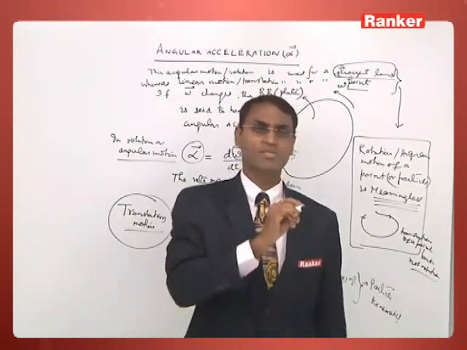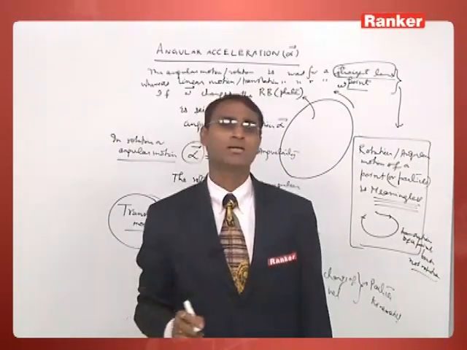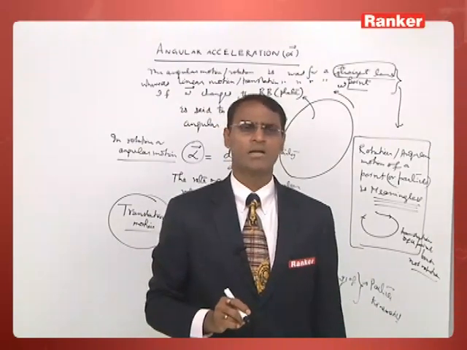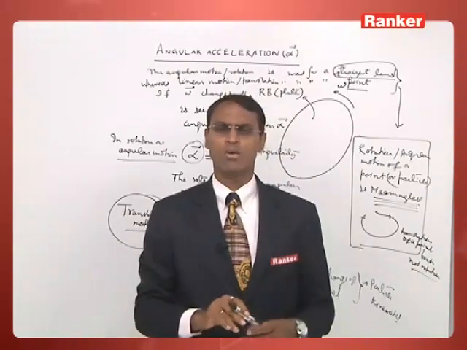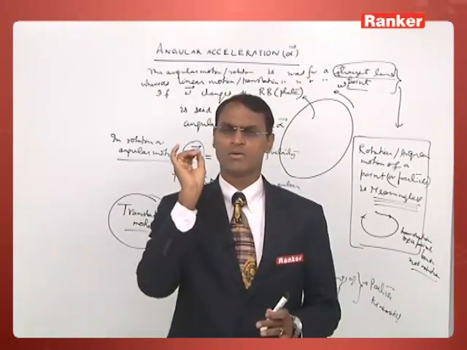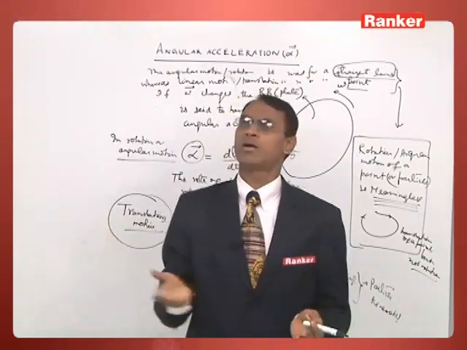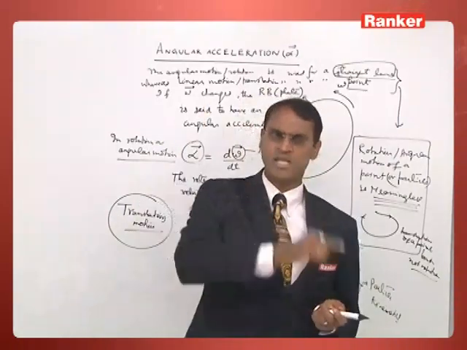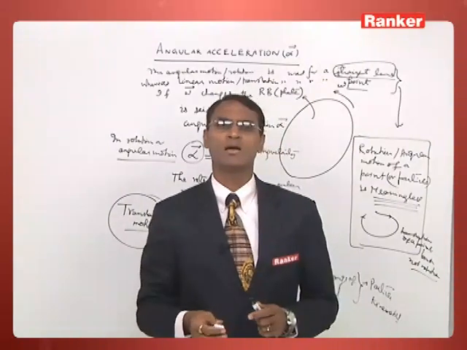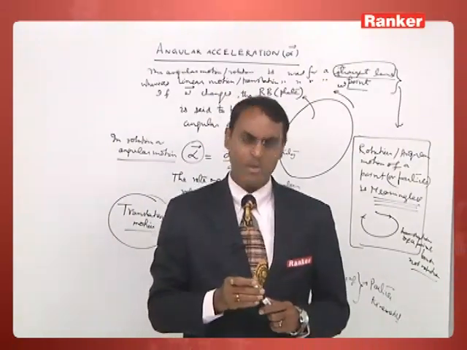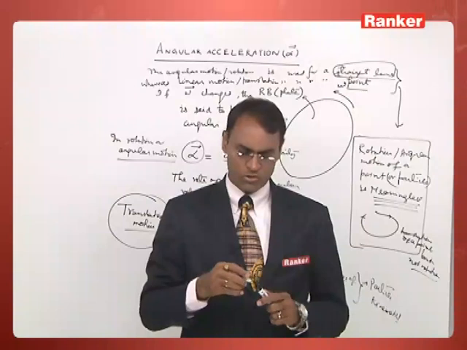When the point moves in a parabola, it is called parabolic motion. When I throw an object, this is tracing a curve, that's a parabola. This is called parabolic motion or projectile motion.